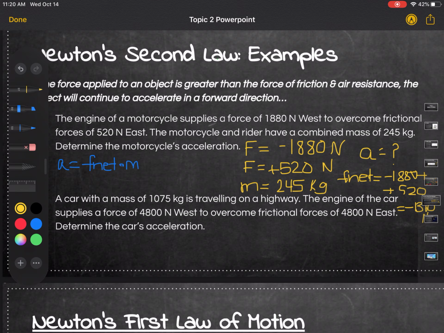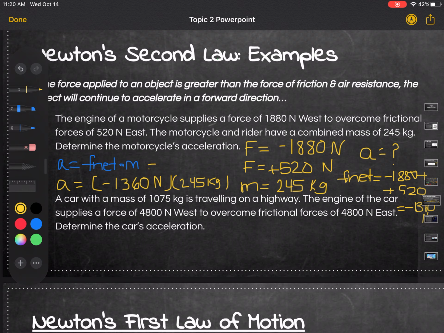So in this case, we are going to take our F net, which we found out to be negative 1360 newtons, divided by our mass, which we found out to be 245 kgs.